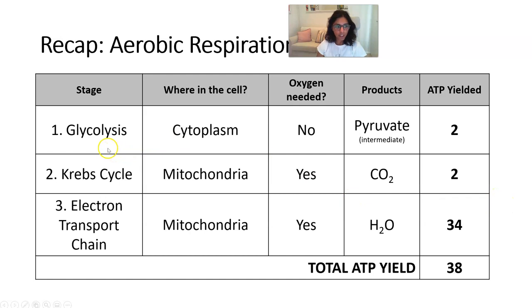So the Krebs cycle and the electron transport chain certainly require oxygen. This is where our metabolic wastes are produced, and we get a total yield of 36 ATP from that. So one glucose molecule can potentially yield 38 ATP, but only when oxygen is present.